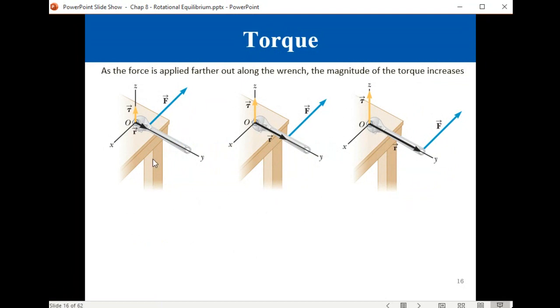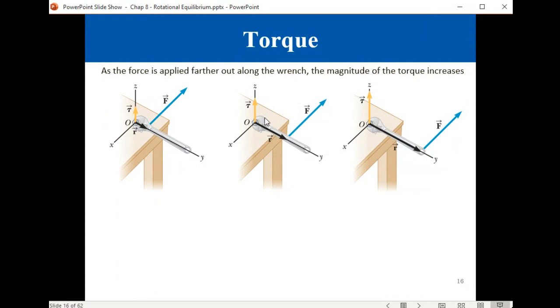Consider this situation. We have this wrench and this bolt, and we are trying to loosen it. So we apply a force on the wrench, and as a result of this force, there will be a torque. Due to the torque, there will be rotation, and the rotation will allow us to unscrew the bolt here. So as the force is applied further out along the wrench, the magnitude of the torque increases.